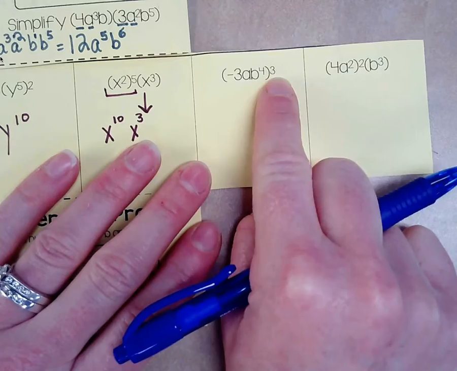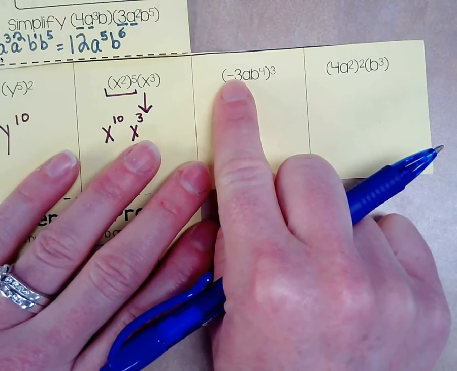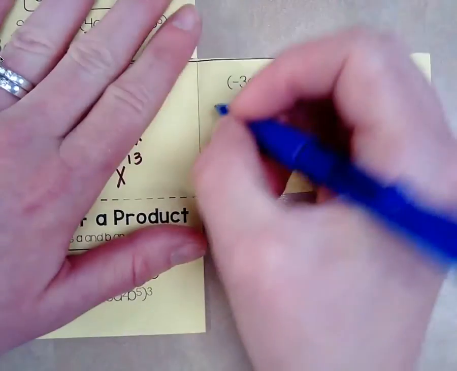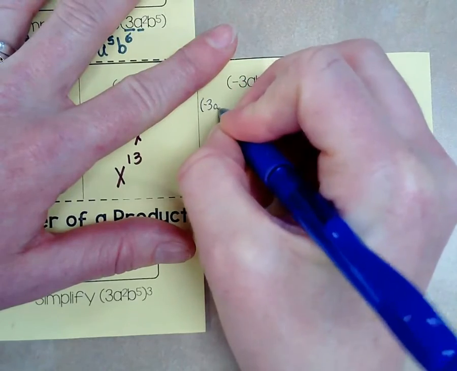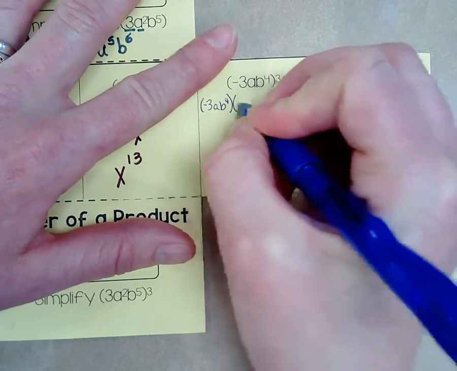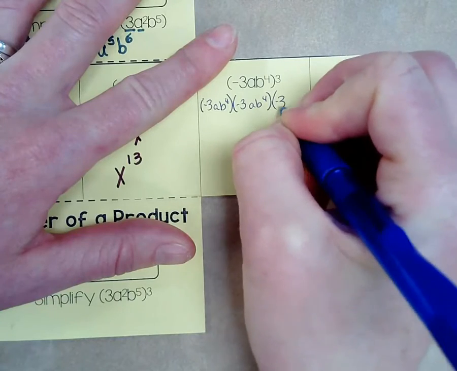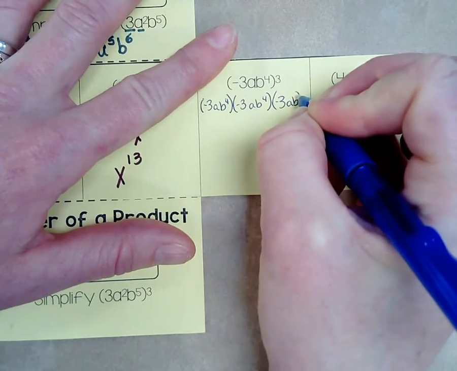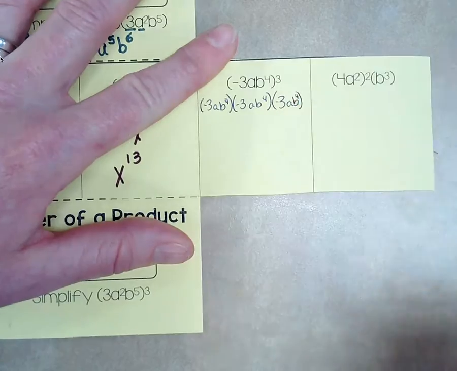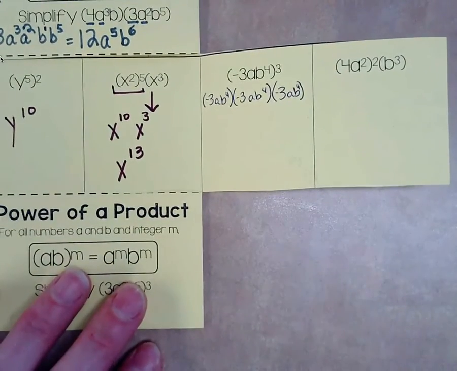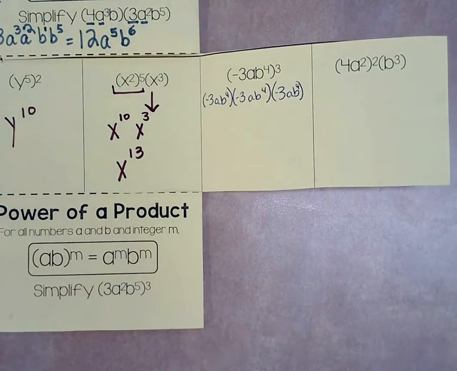So what this means is you would have this times itself 3 times. So let's put in parentheses, negative 3ab^4, negative 3ab^4, negative 3ab^4. It's being multiplied times itself 3 times.